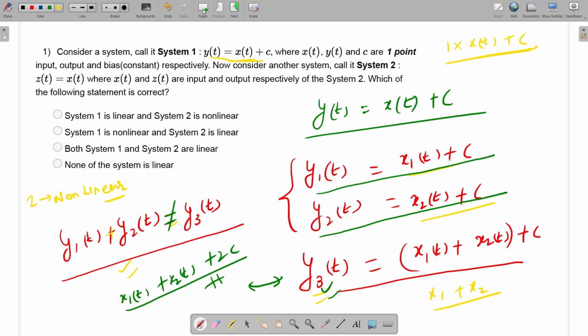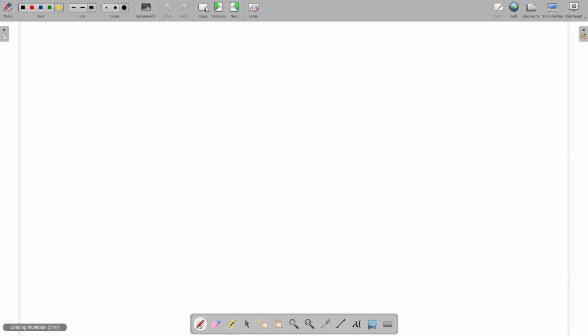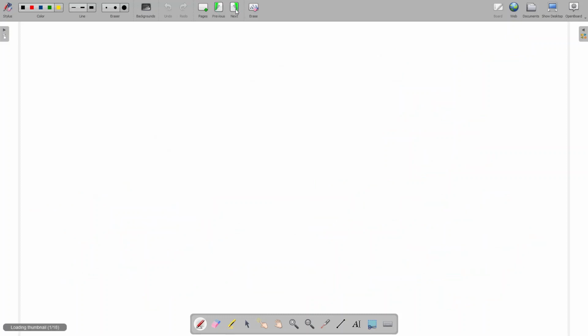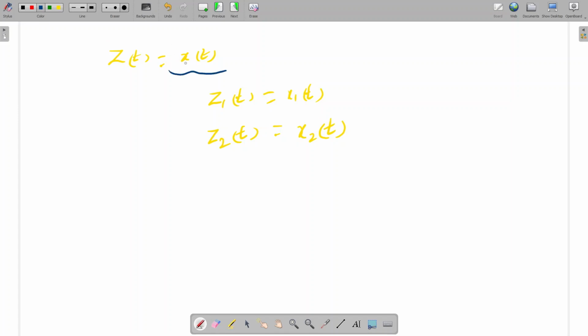Okay. Similarly, what is the second one? The second system is z(t) = x(t). So what will be z1(t)? z1(t) will be x1(t), and z2(t) will be x2(t). What is the transformation here? We are just multiplying the variable by 1.